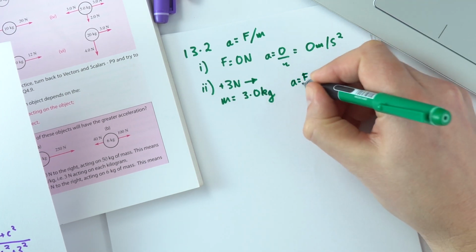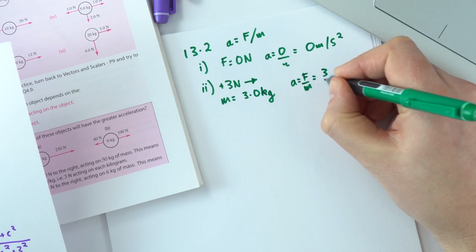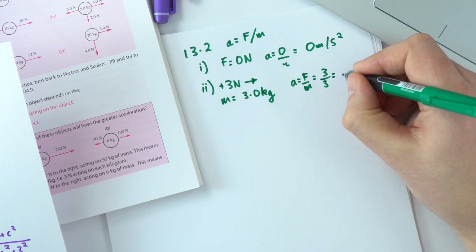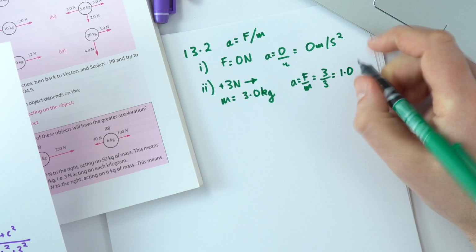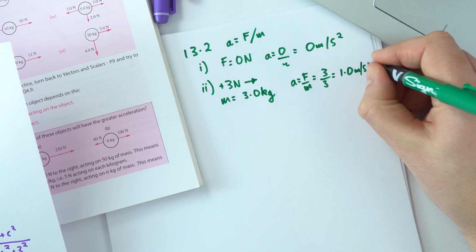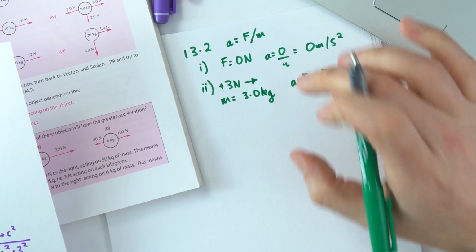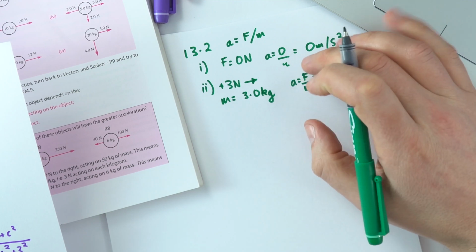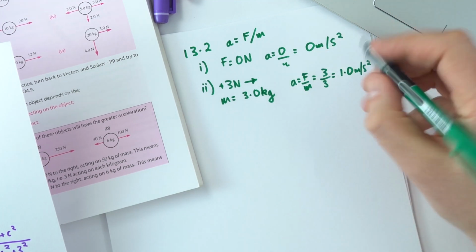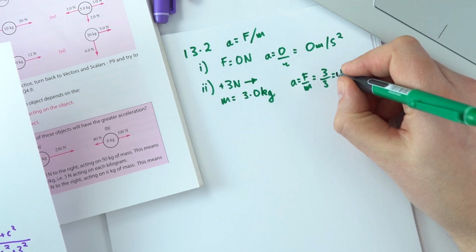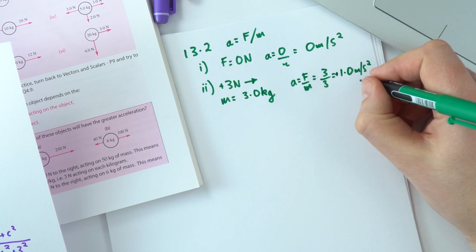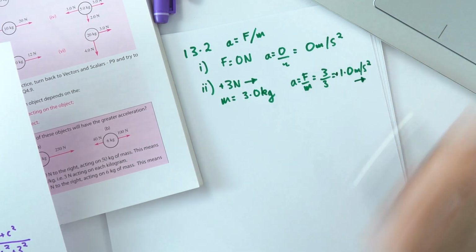Acceleration is force divided by mass, so that's 3 divided by 3, which is just equal to 1.0 meters per second squared. And because acceleration is a vector quantity, it has direction as well as magnitude, that's going to be a value of plus 1.0 meters per second squared, which is going to the right.